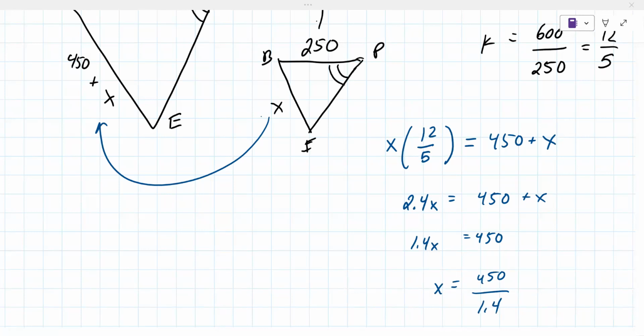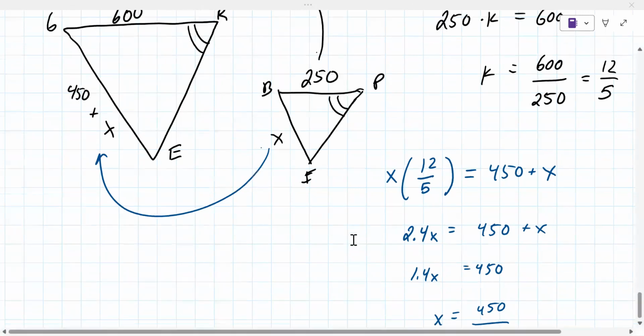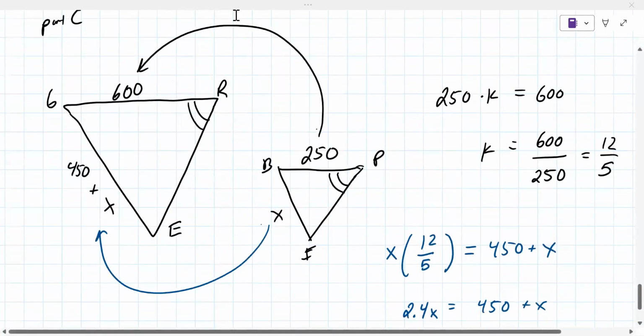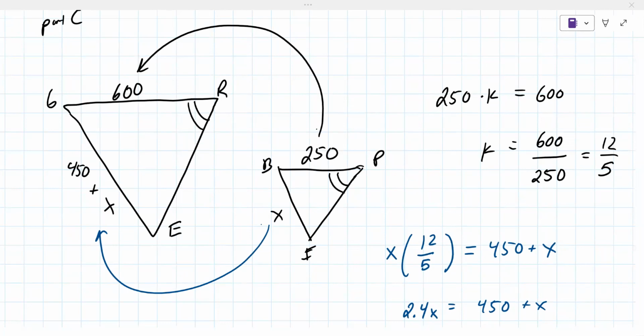And wow, it does not work out nicely. That's odd. Did I make a mistake here? 350 plus 250 is 600. We are not using that length.